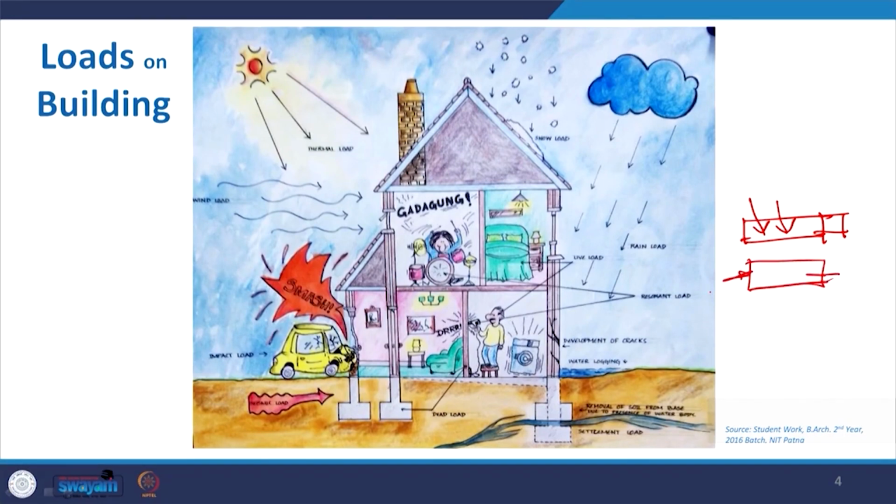That creates some thermal load, and it is very important. That is why, when a building is too lengthy, we need to give an expansion gap to allow that expansion.